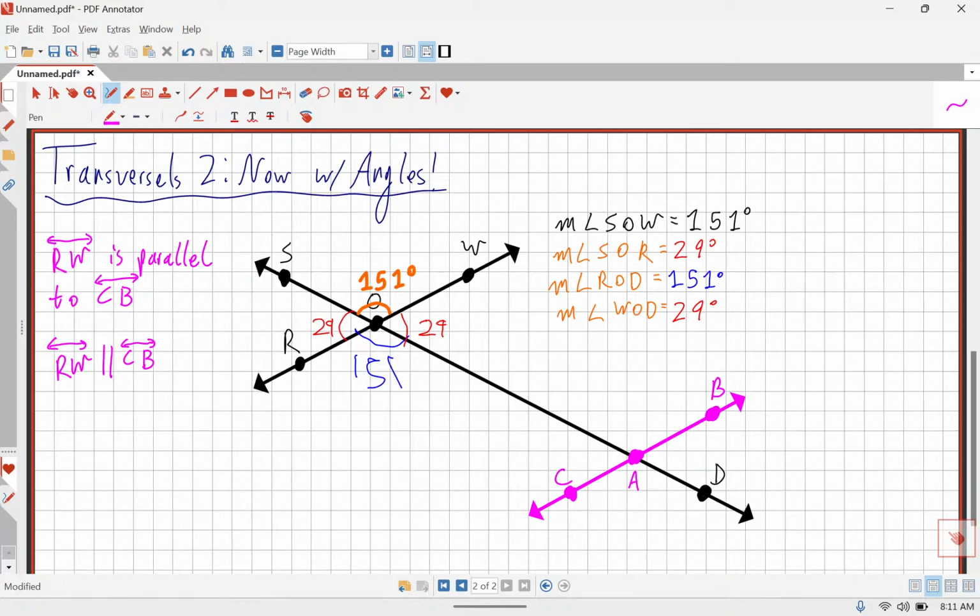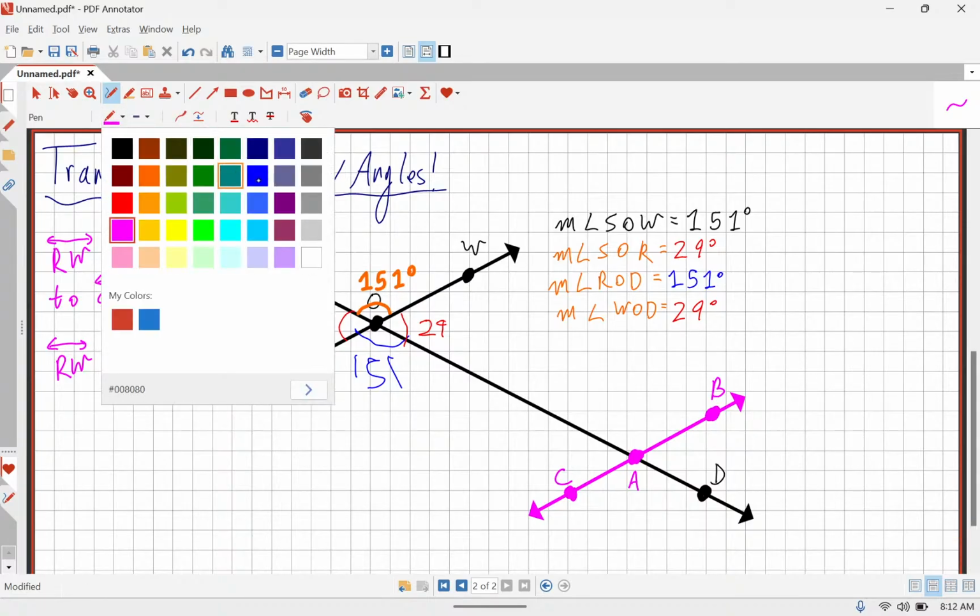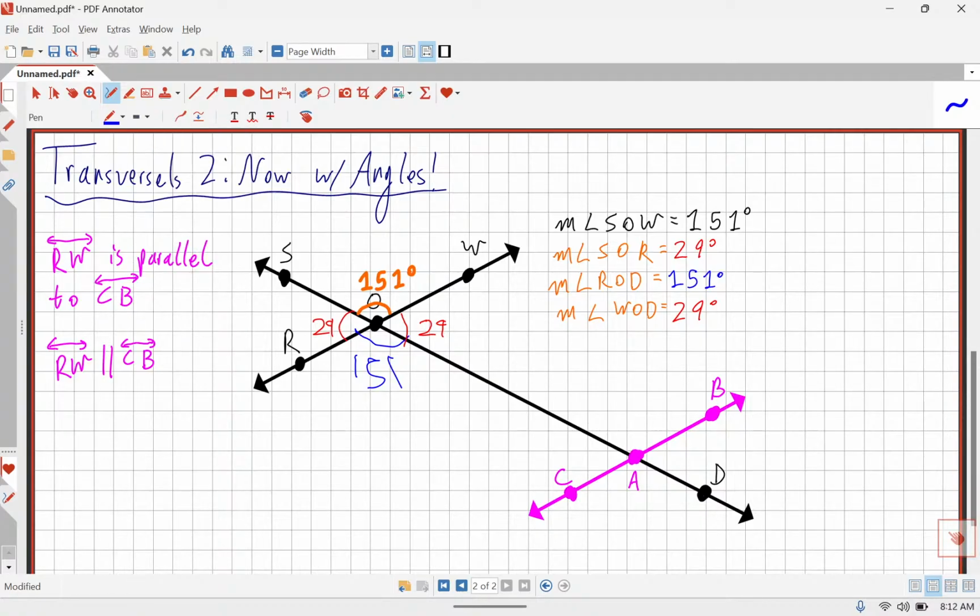This is all stuff that I'm just telling you, it's how we say that they go the same direction. The last way, guys, is if you draw a little arrow on this line and you draw a little arrow on this line, see how they both have the same number of arrows? That means that they're parallel. So since this has one little arrow and that has one little arrow, that's another way I can tell you that they're parallel.